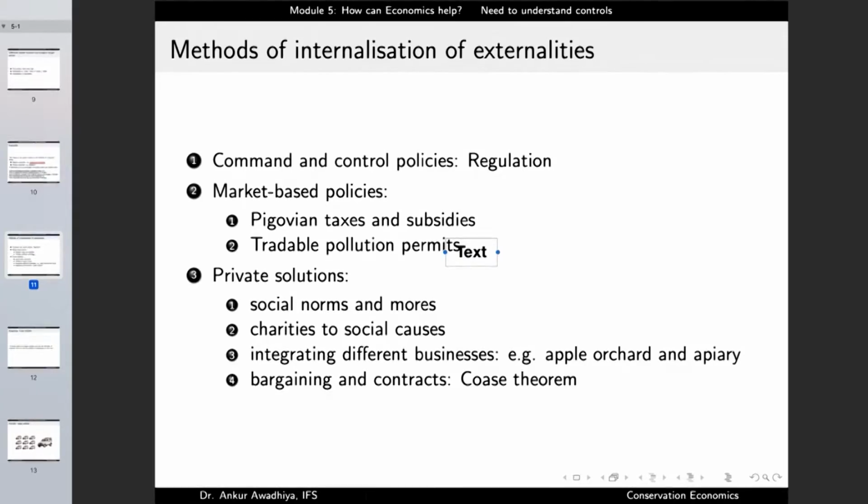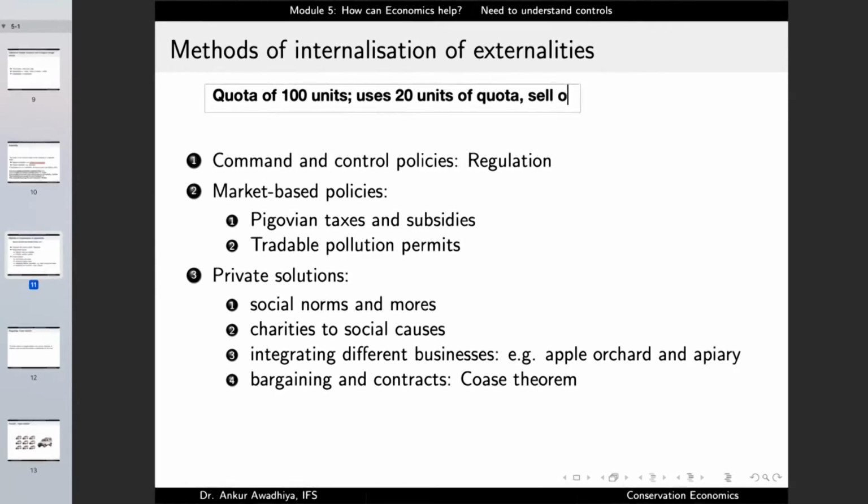So what we are saying here is that you have an industry that has a quota of 100 units, and if the industry only uses 20 units of quota, then they can sell off 80 units.